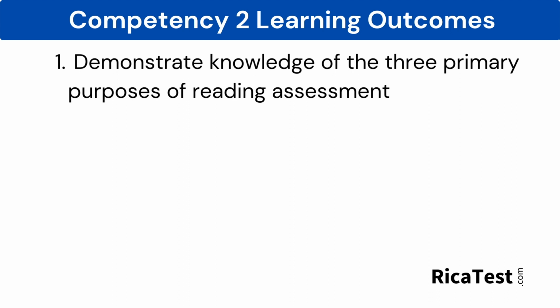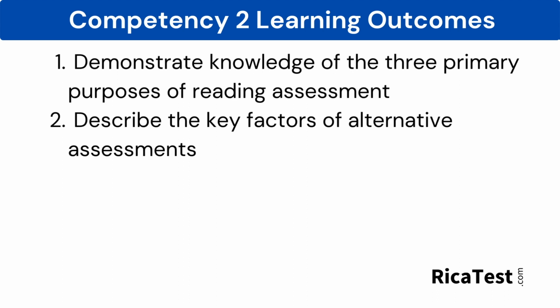Second, we have the monitoring of progress assessment, which is given during an instructional unit or lesson. And this helps the teacher determine which students are progressing adequately toward achieving the standards. And third, we have the summative assessment, which is given at the end of a lesson or unit in order to determine whether students have achieved the standard.